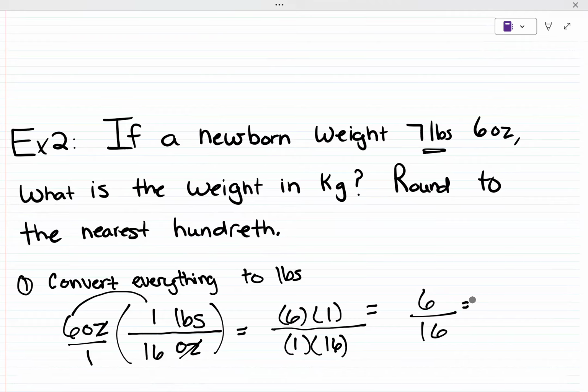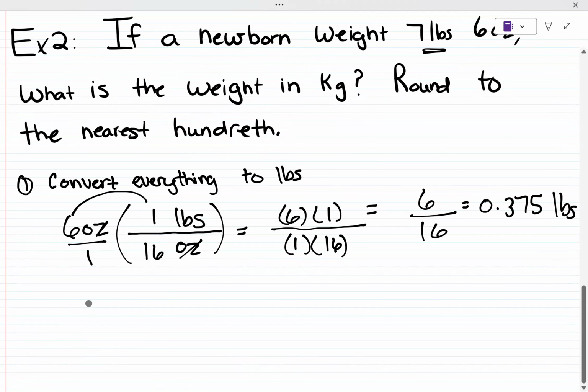Don't round it, just leave it, it's exactly 0.375 pounds. You want to round at the very end, so that's where you can make a mistake. So 6 over 16 is exactly 0.375. Do not round. Leave it as it is. Okay, now we have everything in pounds. Let's figure out how much weight in pounds we have.